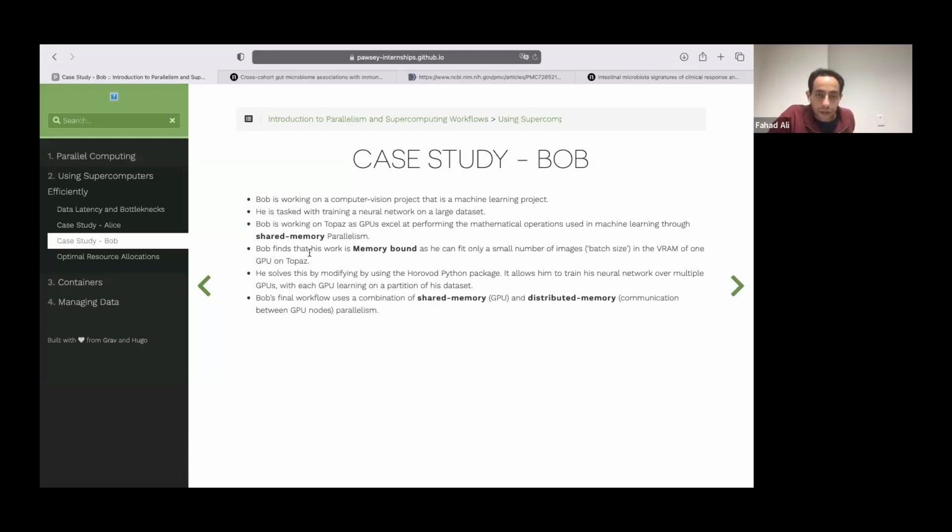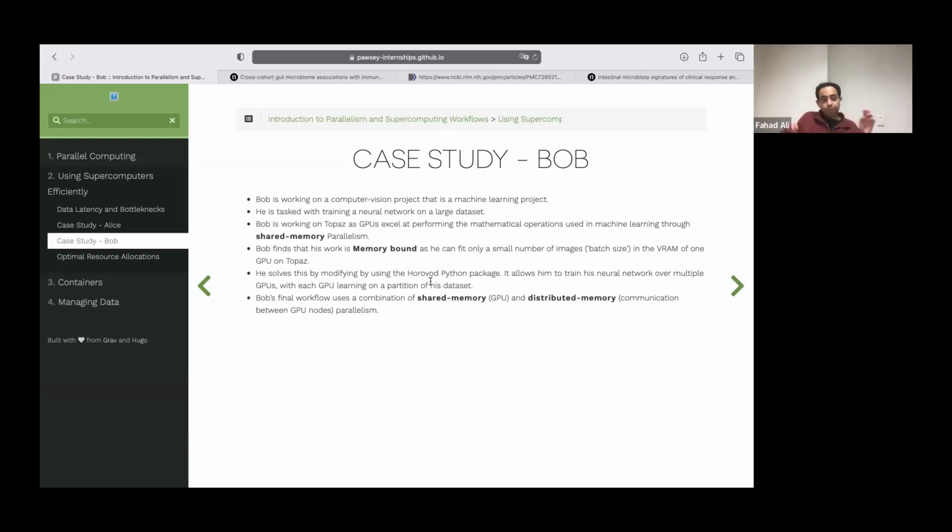Bob finds that his work is, again, memory bound, as he can fit only a small number of images in the VRAM of one GPU on Topaz. So how would Bob address this? Bob solves this by using the Horovod Python package, which allows him to train his neural network over multiple GPUs, with each GPU learning on a partition of his data set.